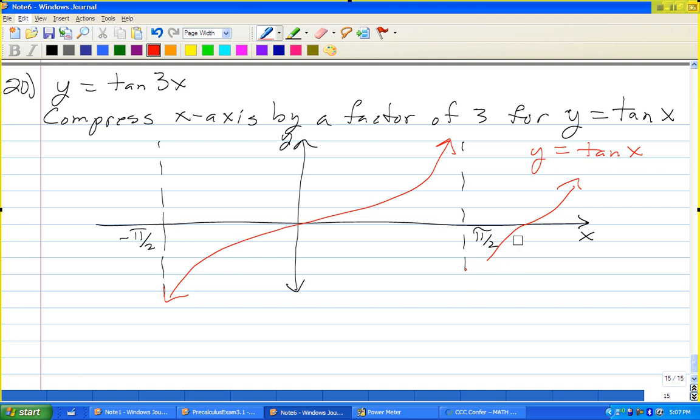Okay, so let's compress this by a factor of 3. So if I do that, this is going to be pi over 6, pi over 3.